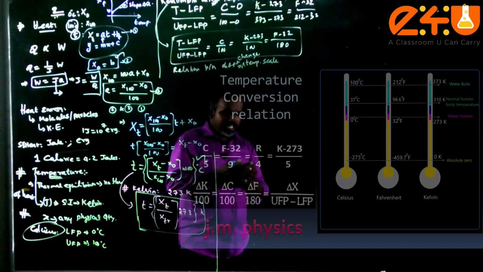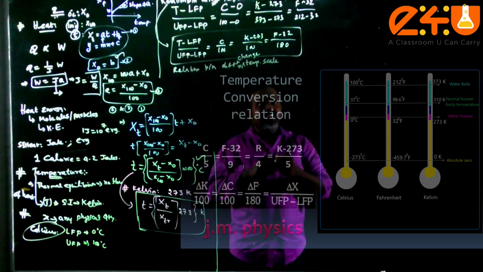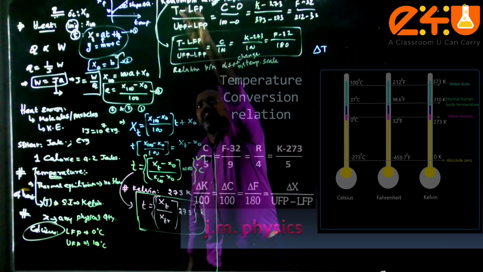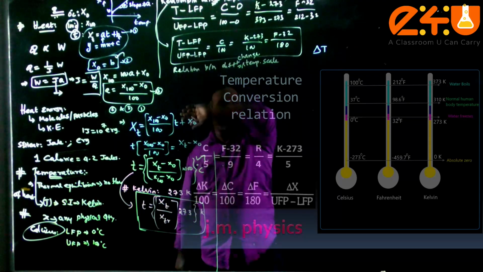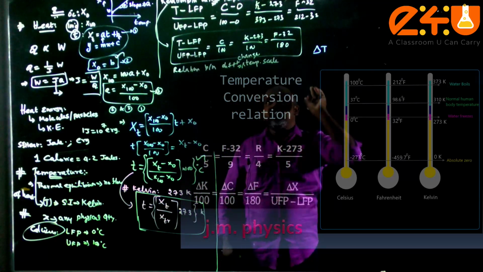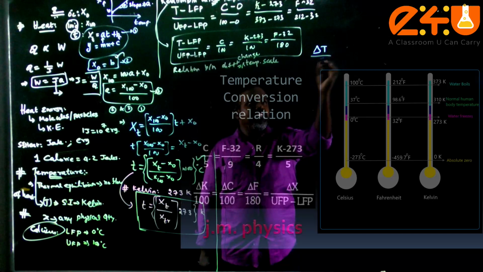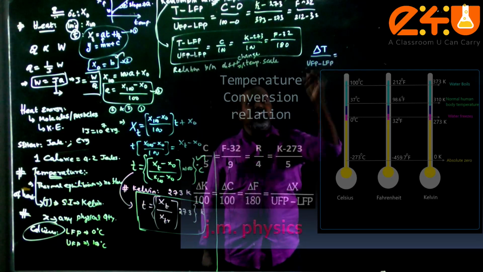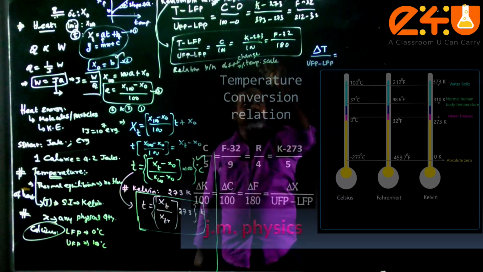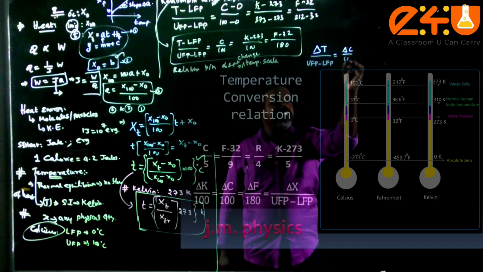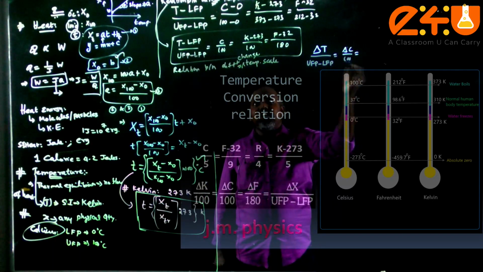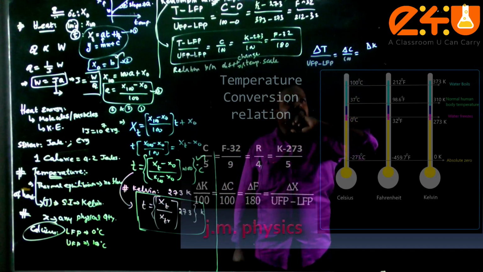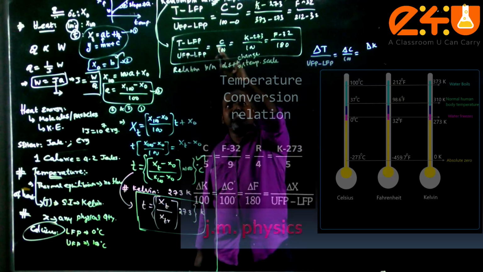In that case, I can write the corresponding formula: delta T, where T means the value of temperature at any arbitrary temperature scale, delta T divided by (UFP minus LFP) is equal to delta C by 100, and similarly delta K by 100. Why am I writing delta C and delta K here?